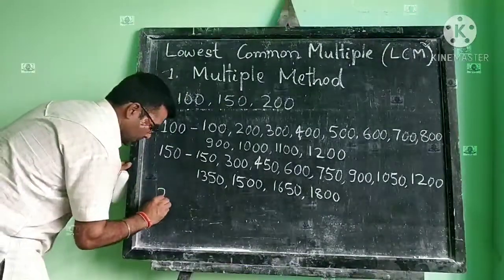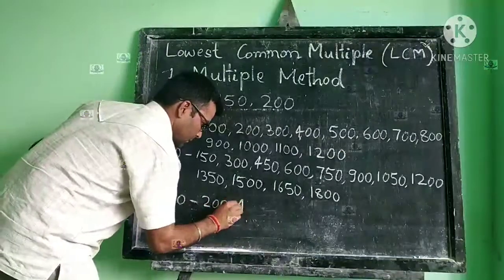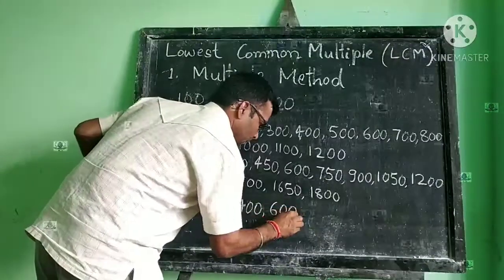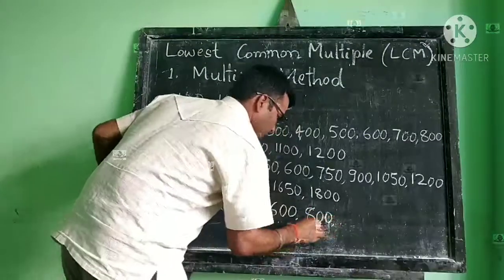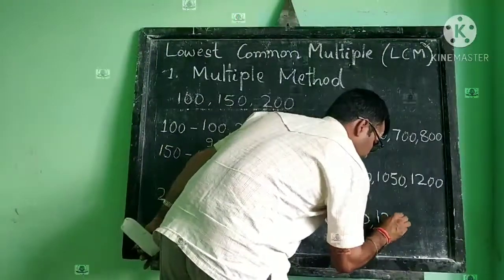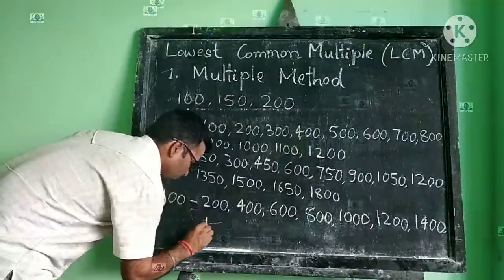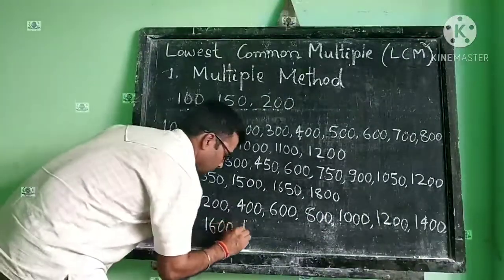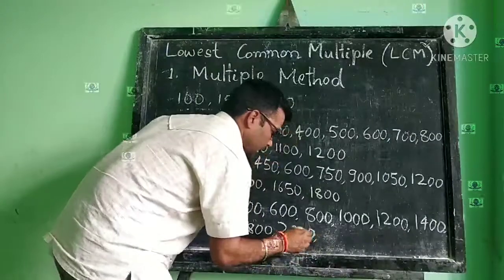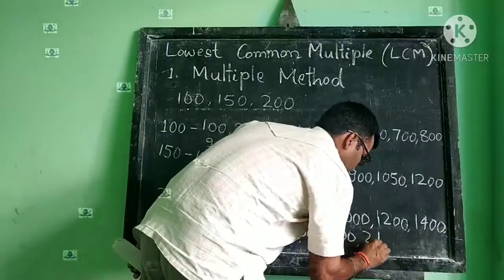Then the next number is 200. 200 ones are 200, twos are 400, threes are 600, fours are 800, fives are 1000, sixes are 1200, sevens are 1400, eights are 1600, nines are 1800, tens are 2000, and twelves are 2400.